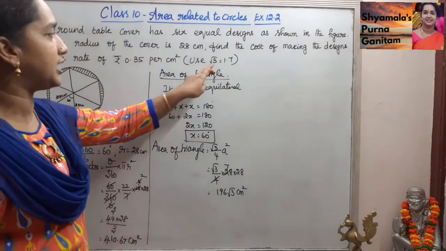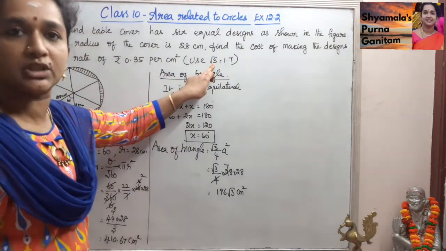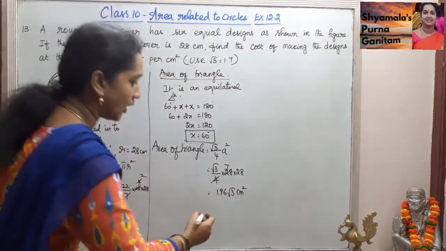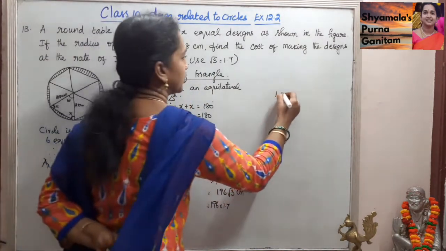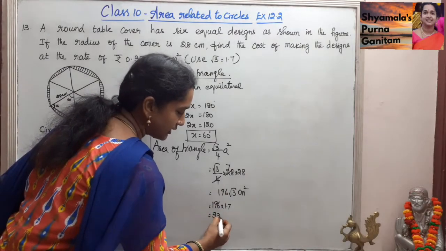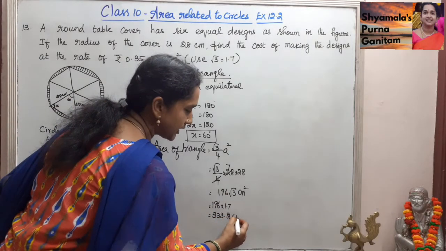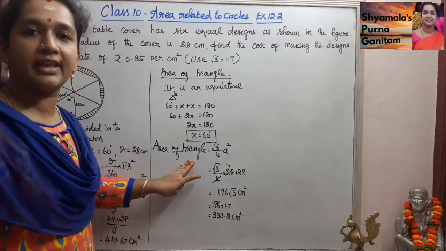Here we are asked to substitute the value for root 3 as 1.7. So 196 into 1.7, we will get 333.2 centimeter square. So this is the area of the triangle.